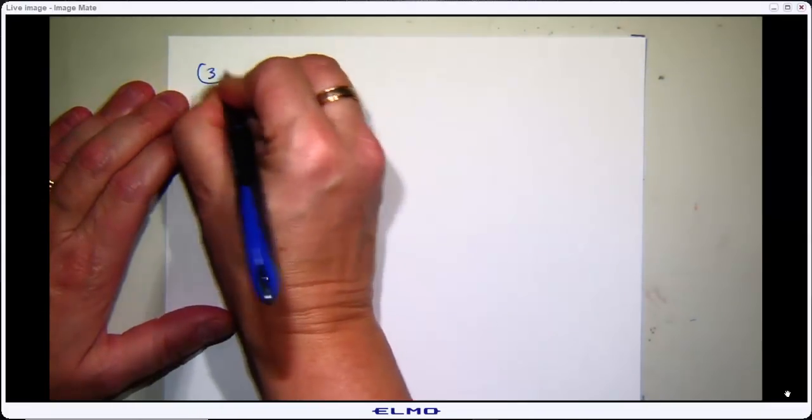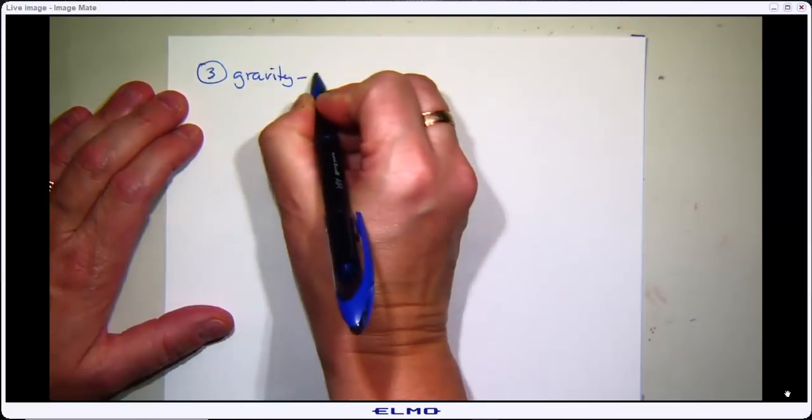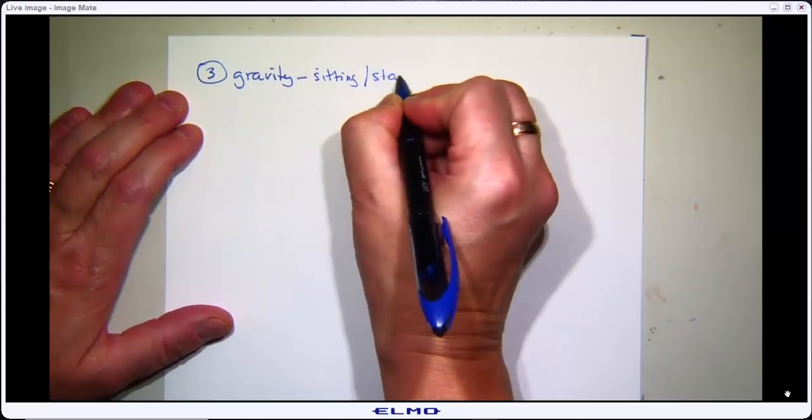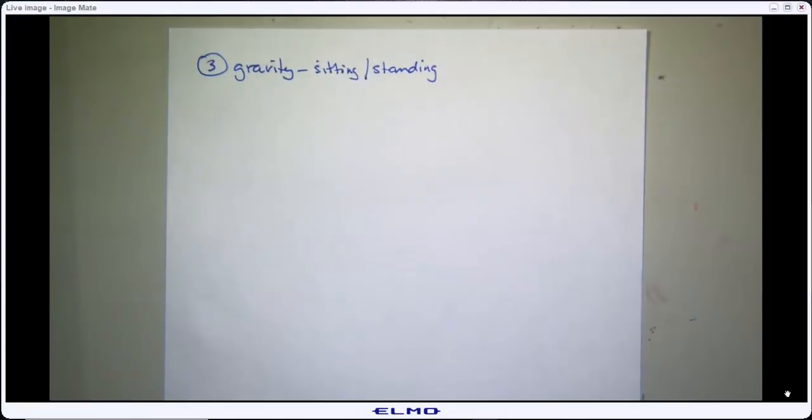So, third way of regulating vascular radius is through gravity. Through sitting or standing, we're going to come up with the same types of issues that we talked about when we talked about pleural pressure and how pleural pressure changes when you go from a prone to an upright position.